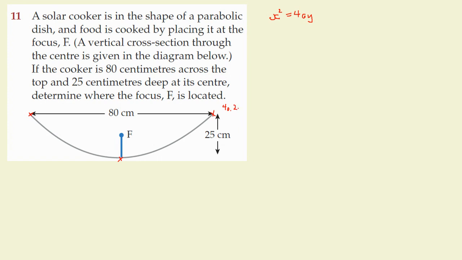Yeah. Because we put our origin in that middle point and we know it's 80 across altogether. So that's 40, 25. So I can just sub those coordinates in to x squared is 4ay, and I should be okay getting a from that, shouldn't I? So if I've got 40 is my x, that's going to be 1600, isn't it? 40 squared, 1600. Yeah.